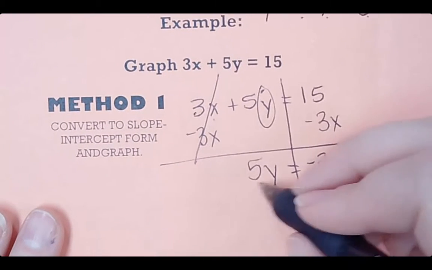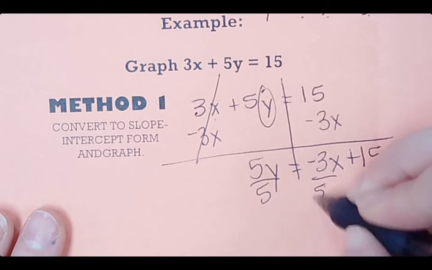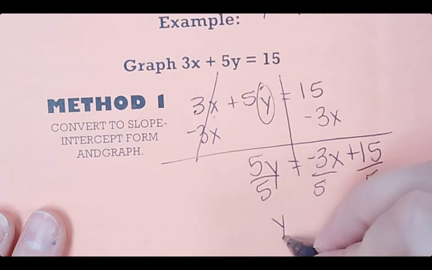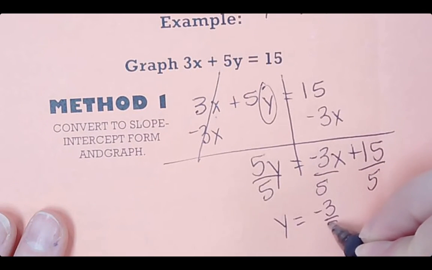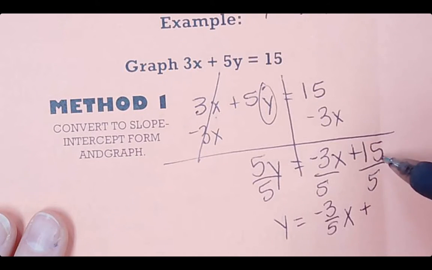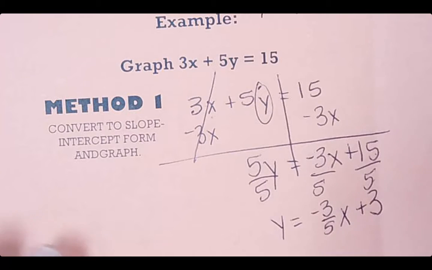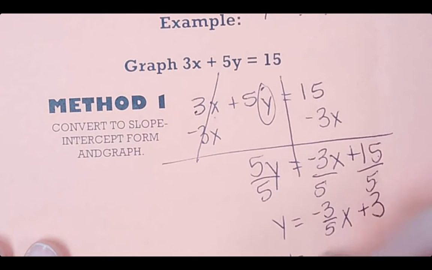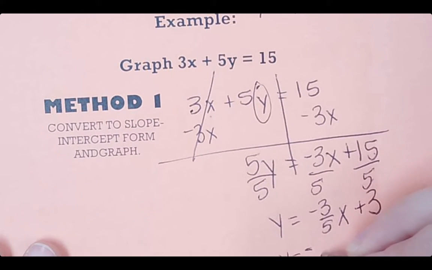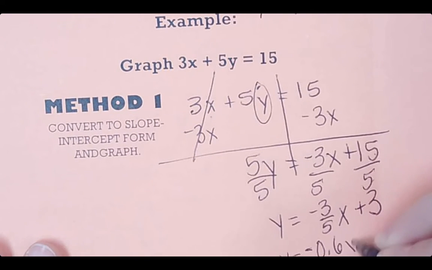And then divide by 5 all the way through. So y equals negative 3 over 5 x plus 15 over 5, which is 3. This could be 3 divided by 5. If you divide that out, it is 0.6x.